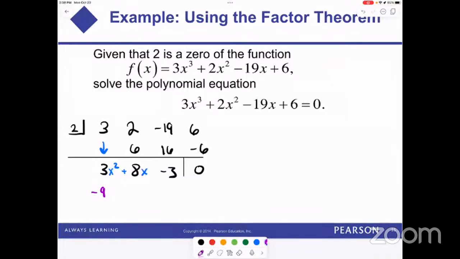Okay. So then I'm going to use, I guess it's called the box method of factoring.